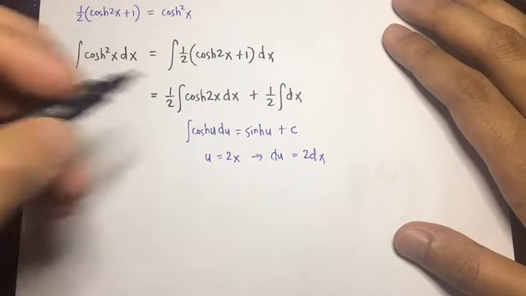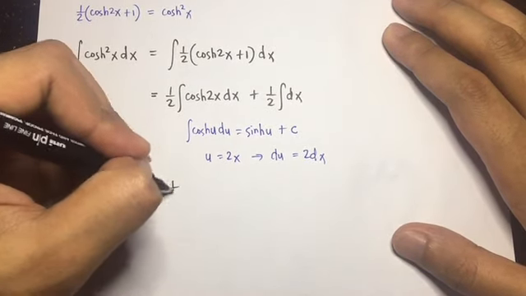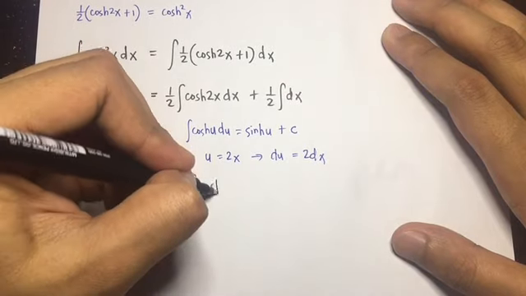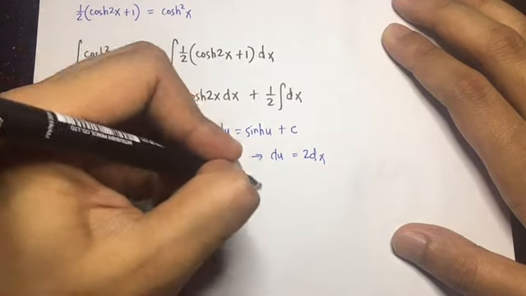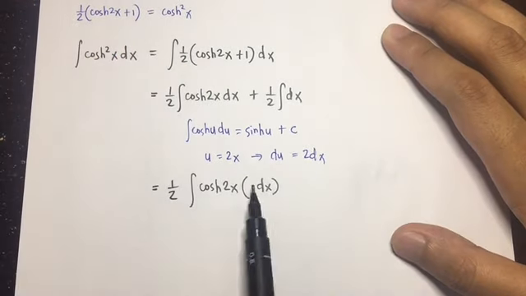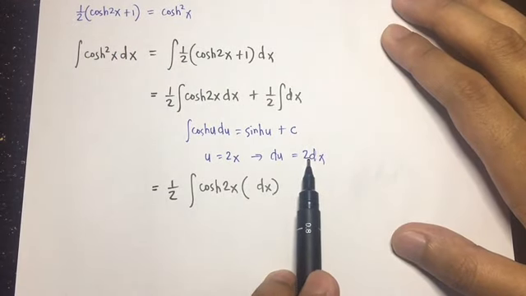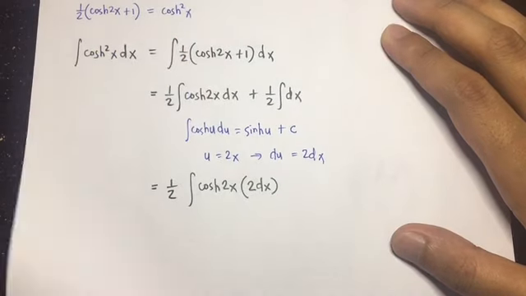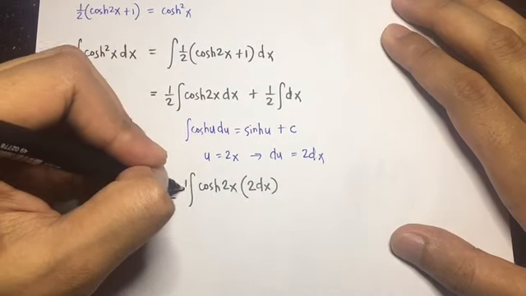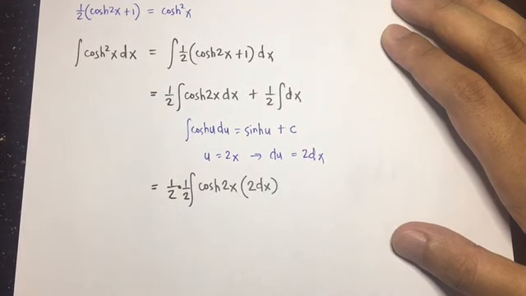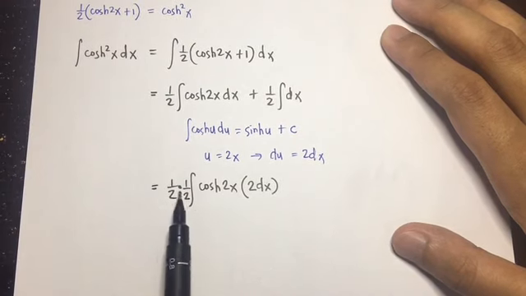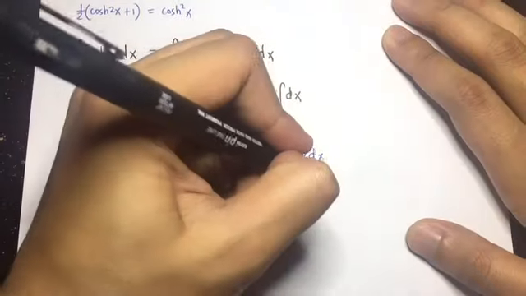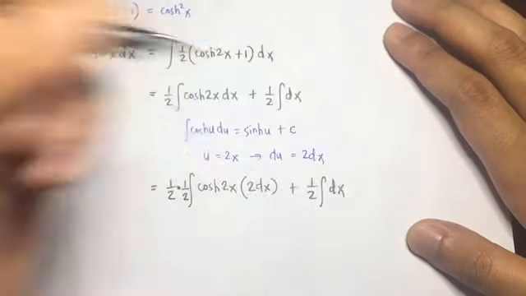To complete our differential, we will have 1/2 integral of hyperbolic cosine of 2x times dx. We have a missing numerical coefficient 2. So write there 2, and then outside the integral sign, write the reciprocal of that numerical coefficient. The reciprocal of 2 is 1/2. So we write that there, and then plus 1/2 integral of dx.